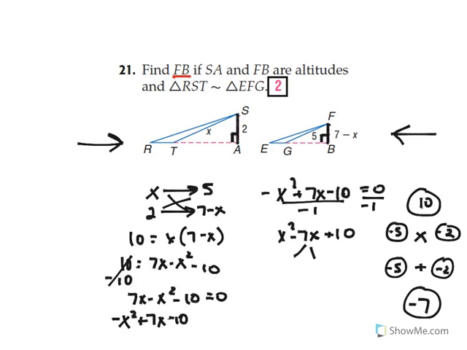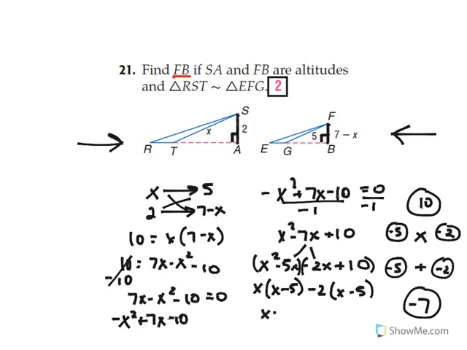We split the b term. We get x squared minus 5x minus 2x plus 10. Add my parentheses. I get x minus 5, and over here I get negative 2, x minus 5. My new factors become x minus 5, x minus 2.